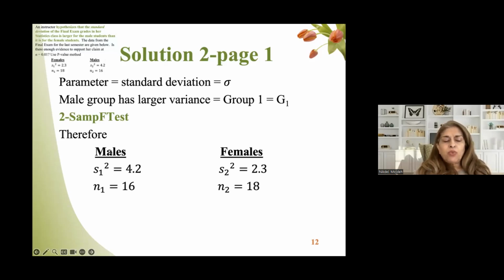Male is going to be group 1. Then S sub 1 square is 4.1, N1 is 16. So I switch the subscript of male group to 1. Then female is group 2, change subscript to 2. So S square sub 2 is 2.3, and N2 is 18.